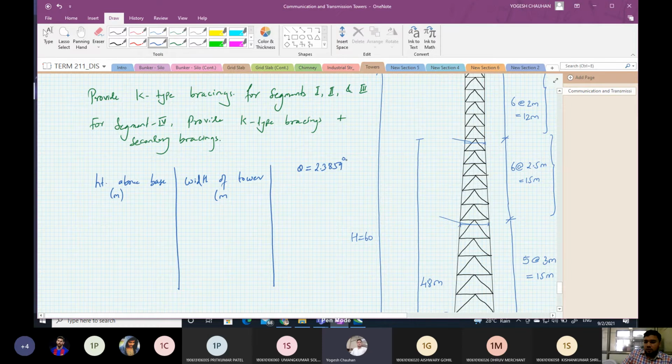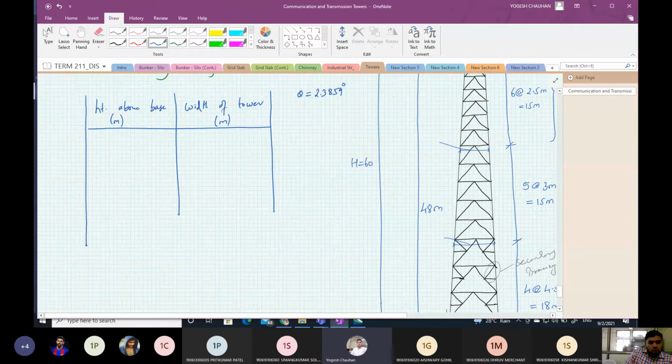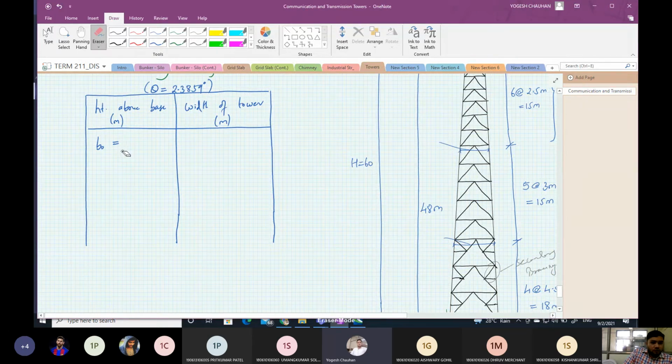So based on this inclination, we can find the width at various heights. First is B0, that is at 0 meter.